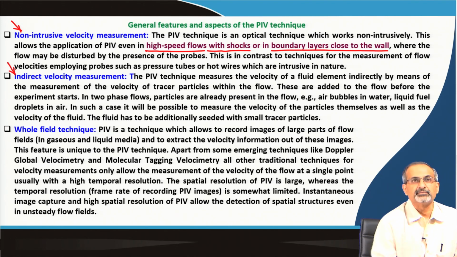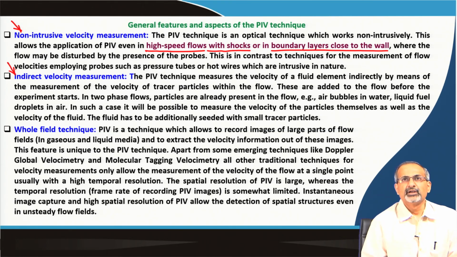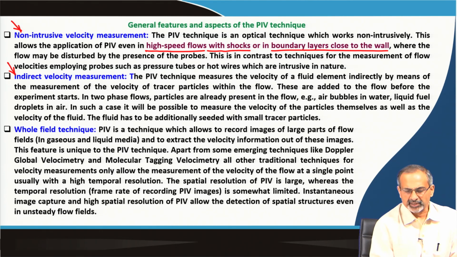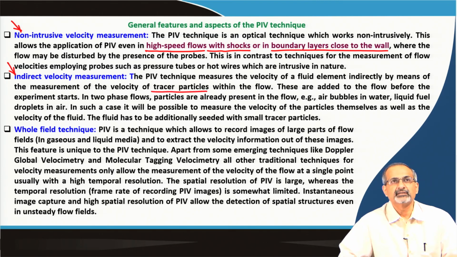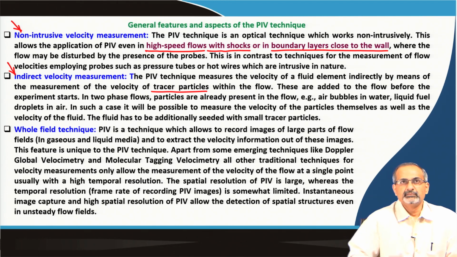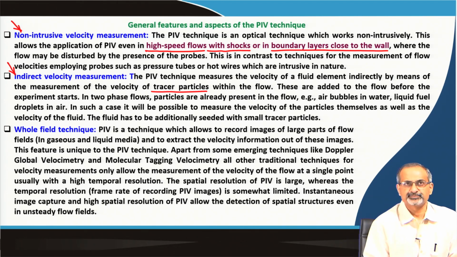Indirect velocity measurement. So, what do we mean by that? We are talking about indirectly measuring the velocity vector by making use of tracer particles. So, we are actually measuring the velocity of the tracer particles, and from there we are inferring the velocity of the flow field. Now, these are added to the flow before the experiment starts.